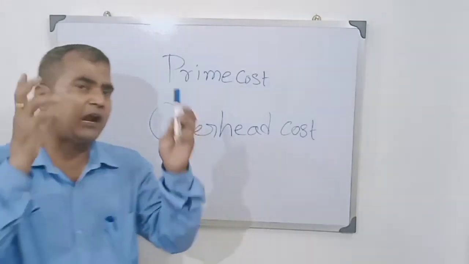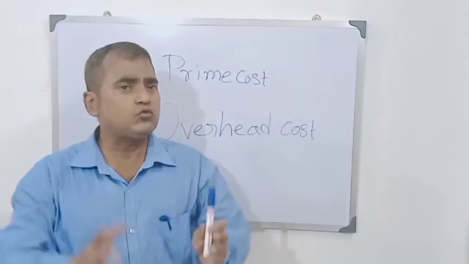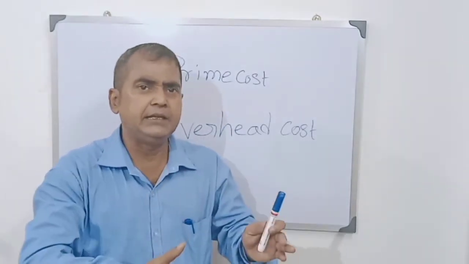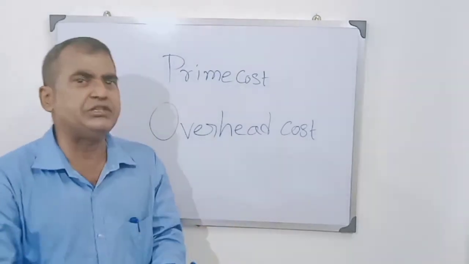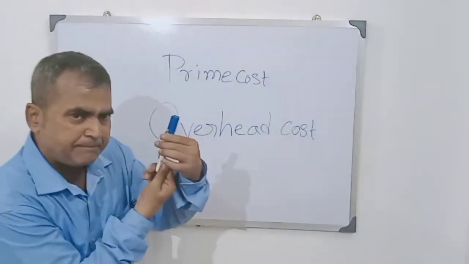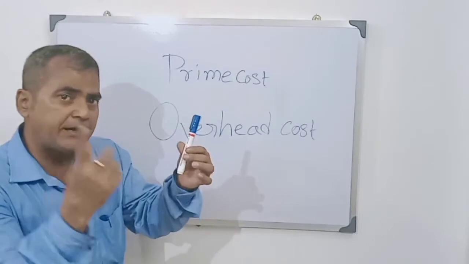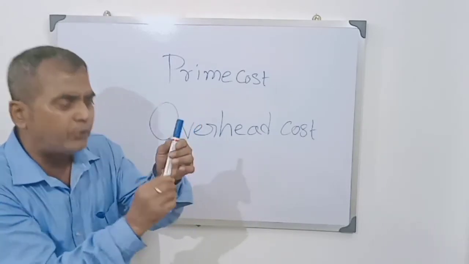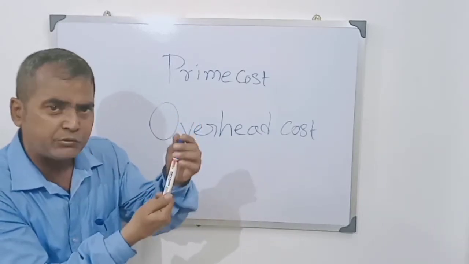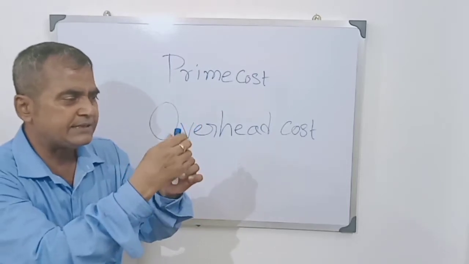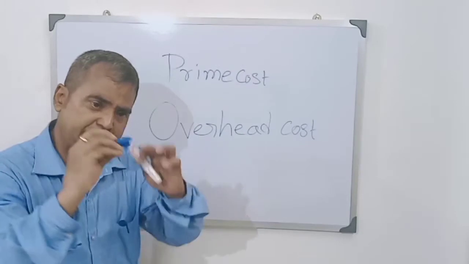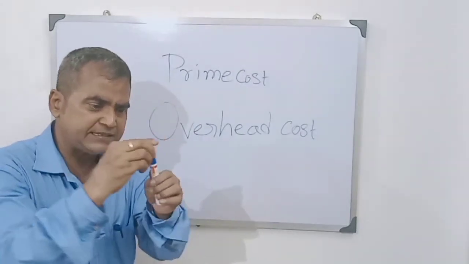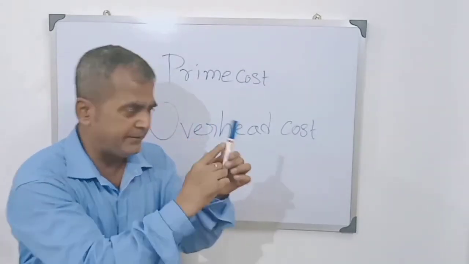Direct labor are those laborers who are directly involved or engaged in the production. Like the shape, without labor it was not possible to put this into a particular shape, as well as the shape where we can put the pin. This is an example of direct labor.